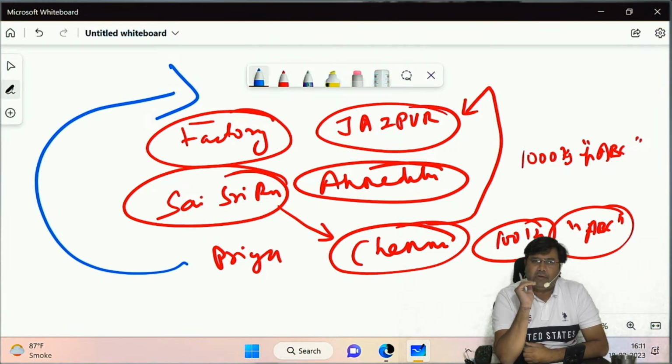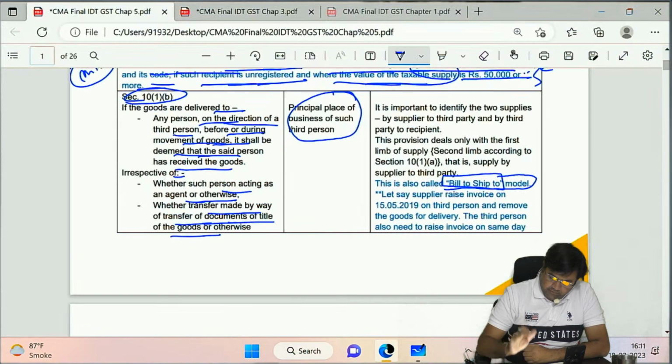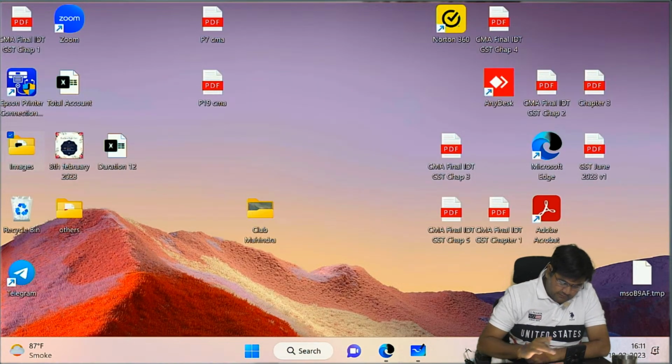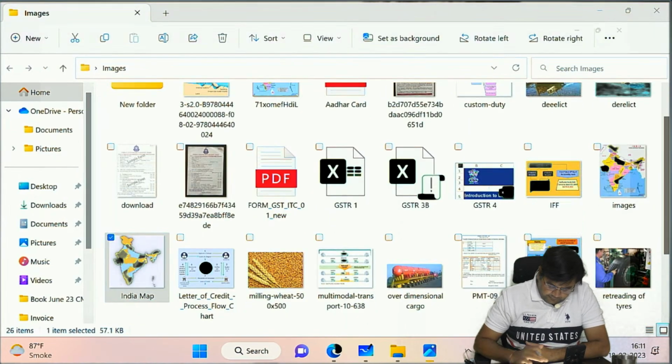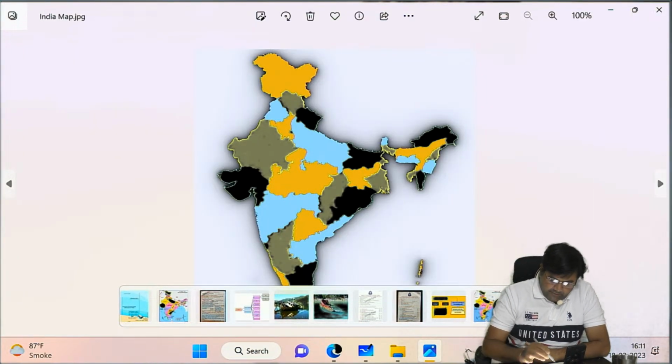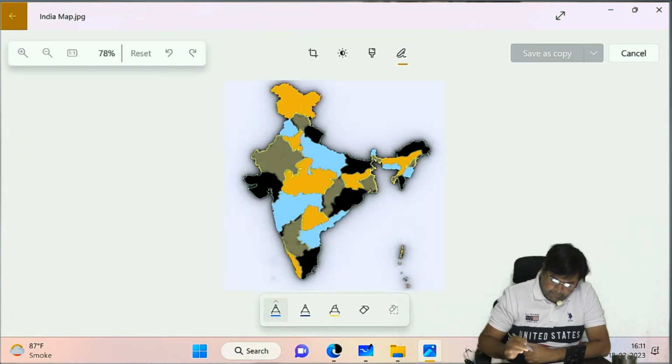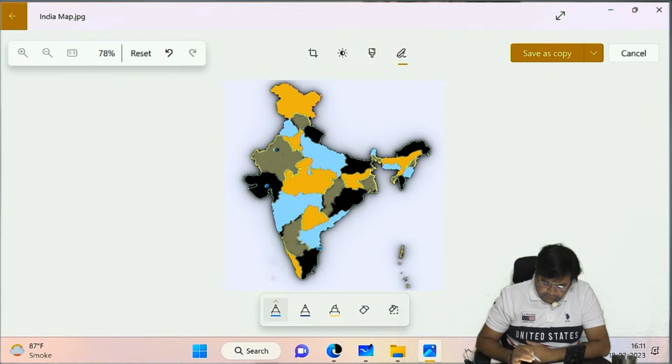Now if you think about the logistics, how is it going to work? One way is basically Ahmedabad, Jaipur, Chennai.